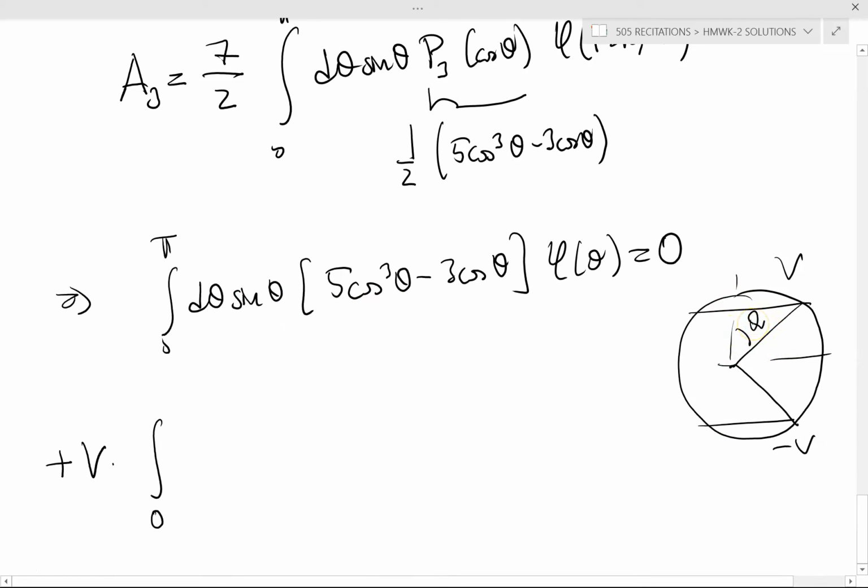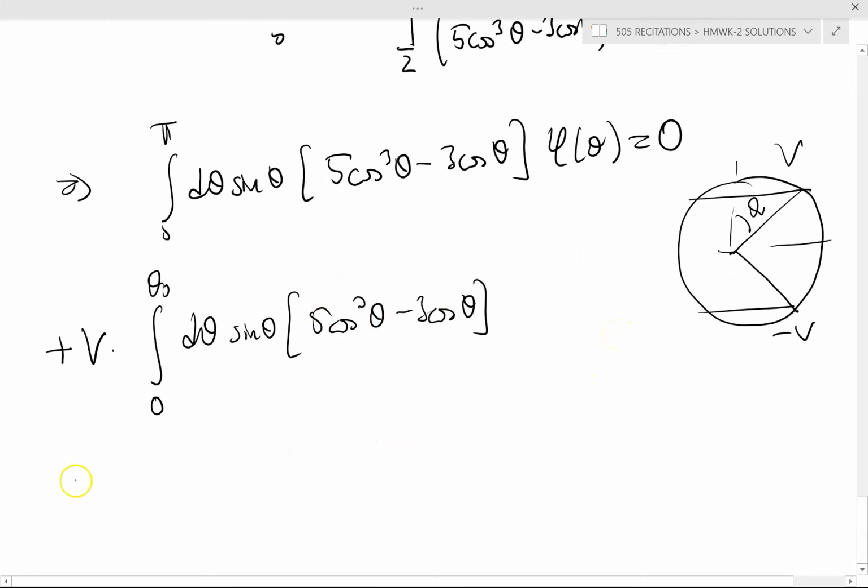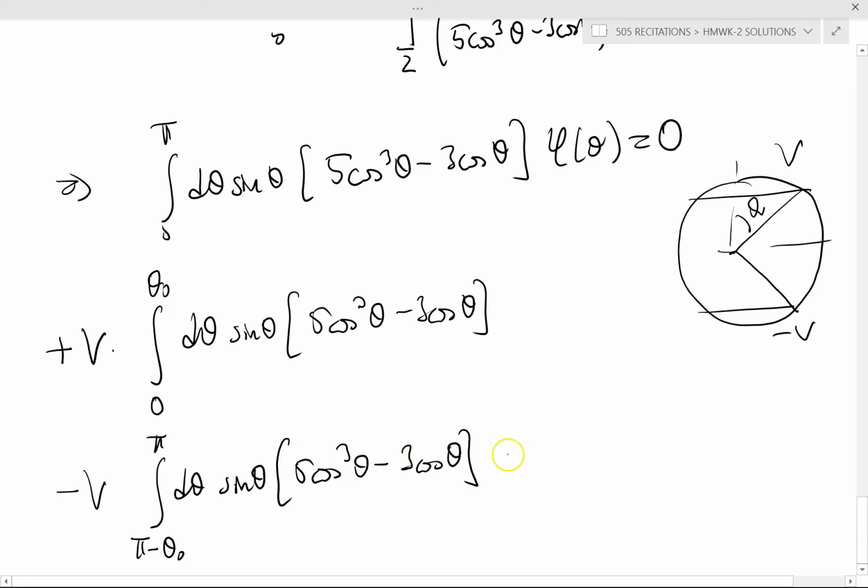From 0 to theta 0, it is plus V, right? So the integral d theta sine theta, 5 cosine cubed theta minus 3 cosine theta. It is 0 inside that interval, minus V from theta 0 to pi d theta sine theta, 5 cosine cubed theta minus 3 cosine theta again.